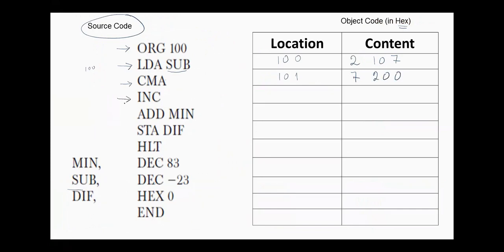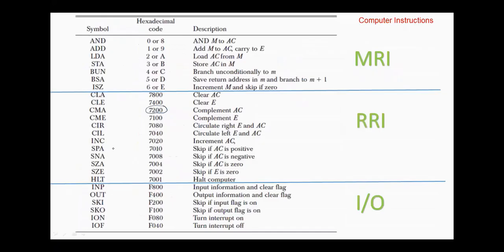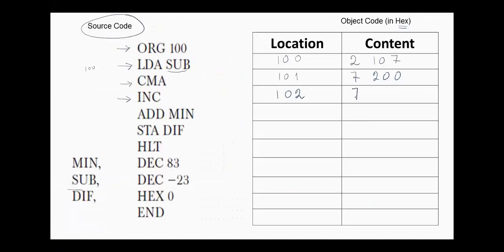The next instruction is increment accumulator at location 102, and the code for the increment register reference instruction, here we have it, is 7020 in hexadecimal.